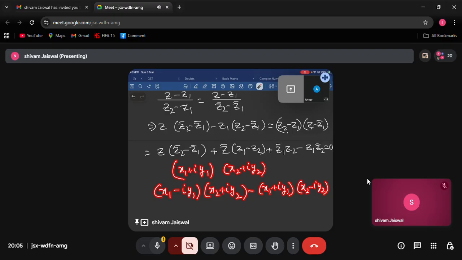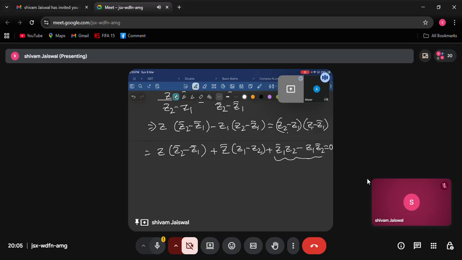Over here the real part is x1 x2, and x1 x2 will get cancelled. Similarly y1 y2 and y1 y2 will get cancelled. So the real part is getting cancelled. Can I say that this is a purely imaginary number? This is purely imaginary.